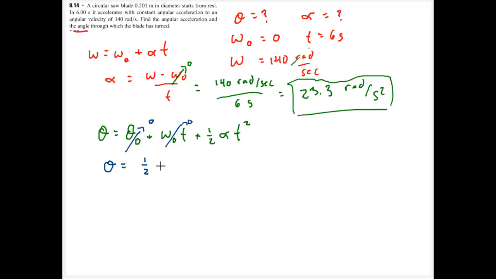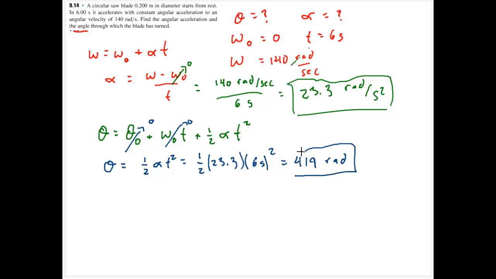So 1/2 multiplied by the angular acceleration multiplied by the time squared, or 1/2 23.3 radians per second squared multiplied by 6 seconds quantity squared is equal to 419.4 radians. So that's how far it's actually traveled.